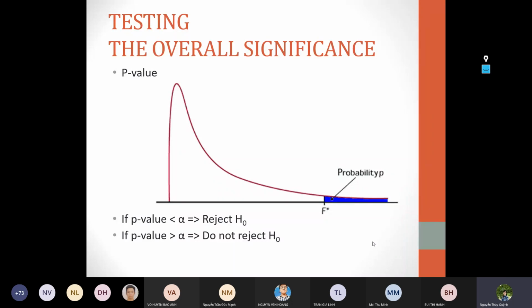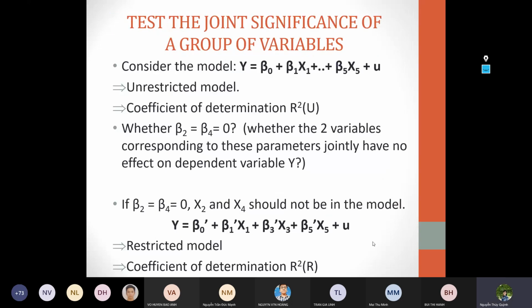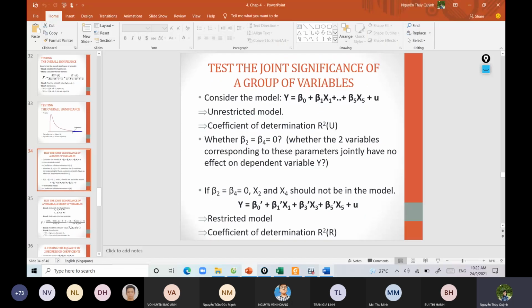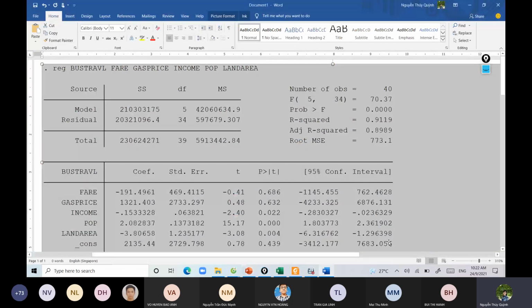All right. Okay, next. Test for the joint significance of a group of variables. Now, look at this estimation output.